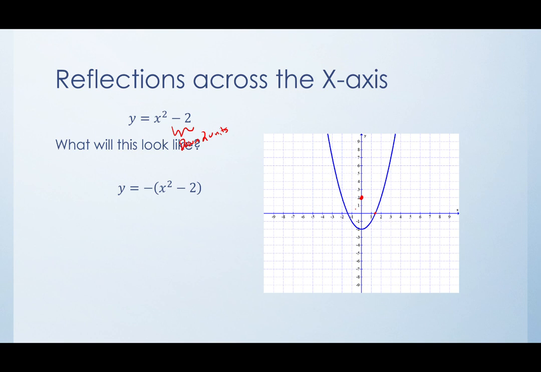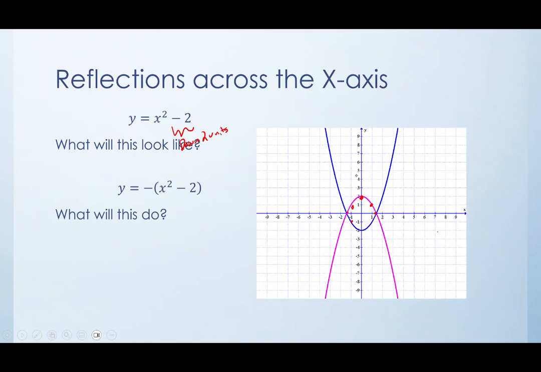My x-intercepts are going to stay the same, but my negative 1 point is going to become 1, 1. My negative 1 point is going to become 1, 1 also. And I can sketch from there. Oh, there, it came up for me, right?